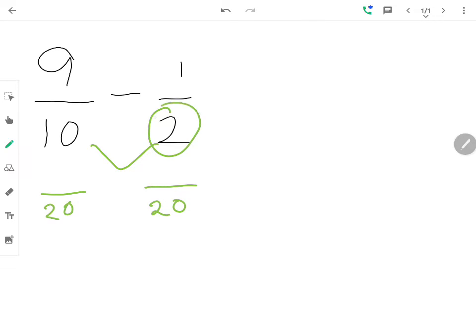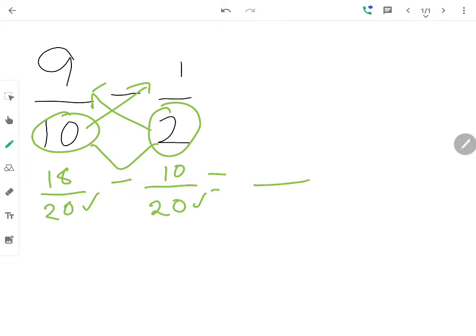I have this neighbor, the number goes and visits. That's 18. That's 10. You subtract. They're both the same, so I can do the work. It's 20. 18 minus 10 is 8.